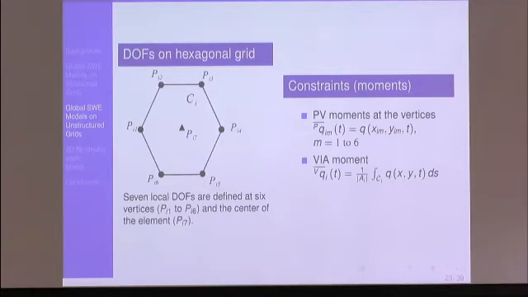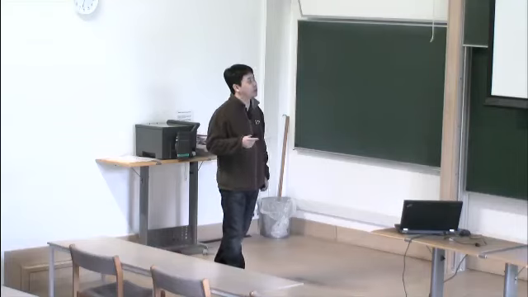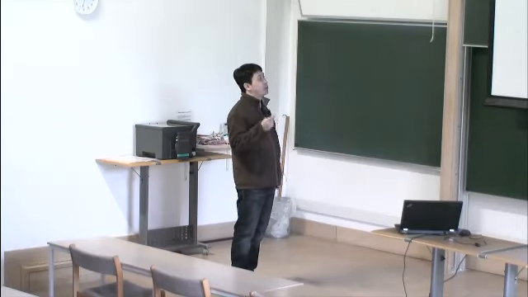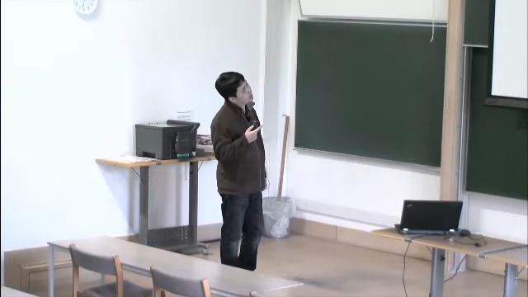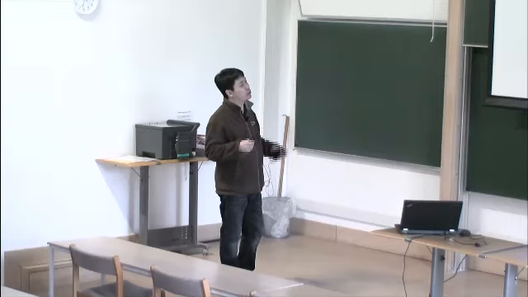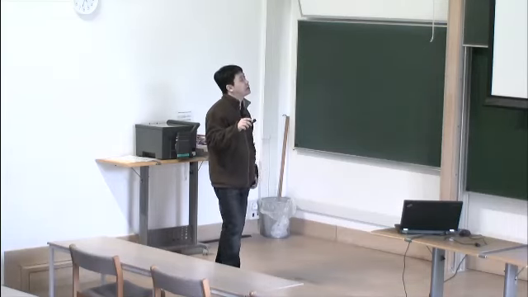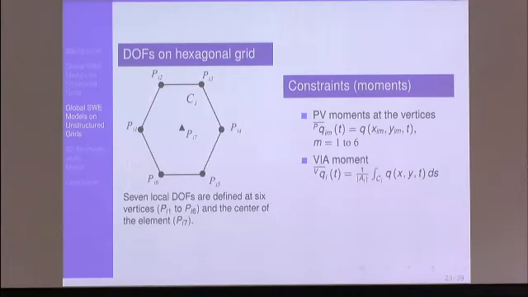Remember, we are going to develop a high-order scheme with local reconstruction, so we define more than 1 degree of freedom within each control volume. In this case, we define 7 DOFs. They are point values.